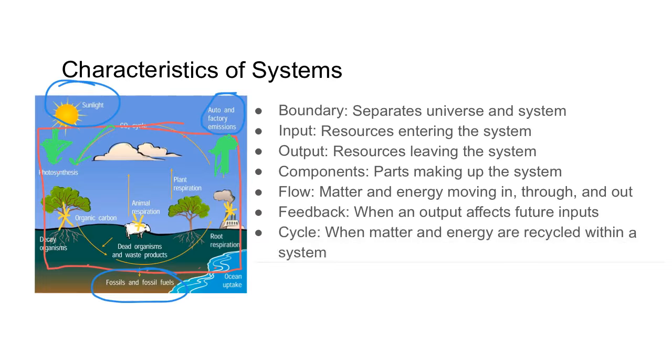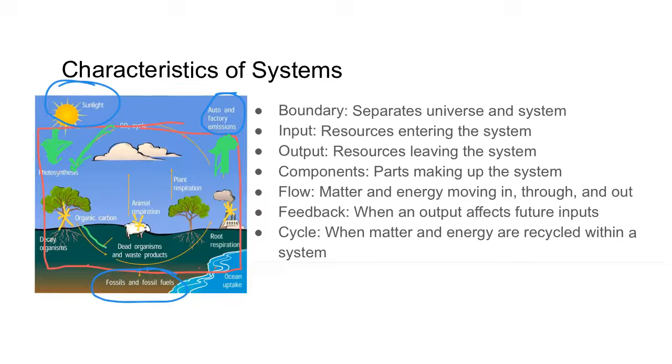And then we have something like a cycle, where matter and energy are recycled within a system. This is shown in that CO2 cycle, where this whole carbon cycle is an example of matter and energy being recycled in the system. Carbon dioxide goes down into the trees and is used to create energy. We get organic carbon.